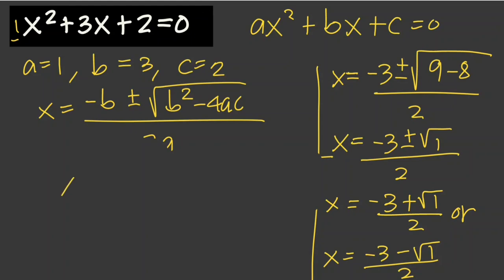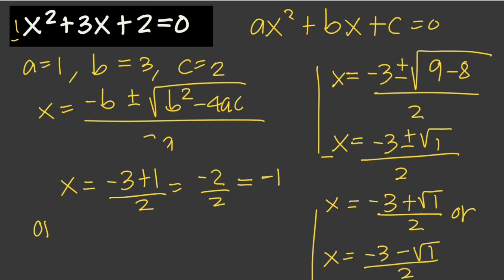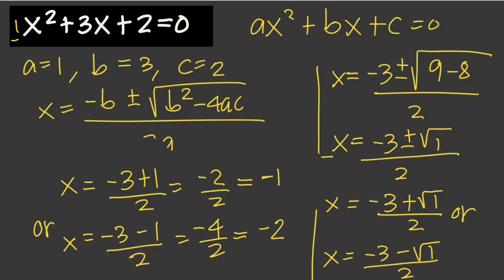So that would be negative 3 plus square root of 1, that is just negative 3 plus 1 over 2. So this is negative 2 over 2. So the value of x here is just equal to negative 1. Or x equals negative 3 minus 1 over 2. So this is negative 4 over 2. Then the other value for our x is equal to negative 2.